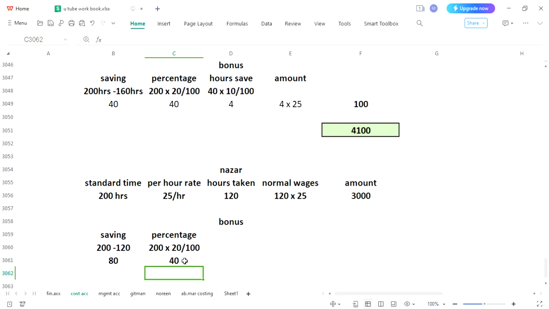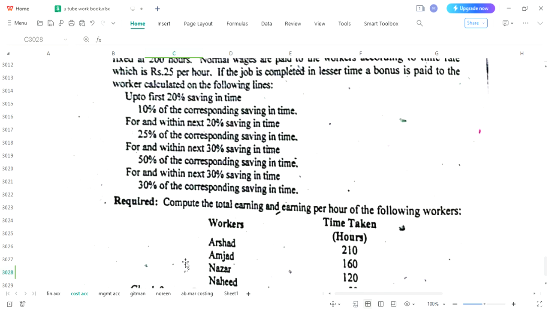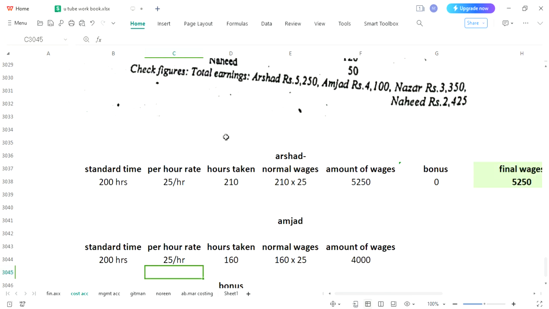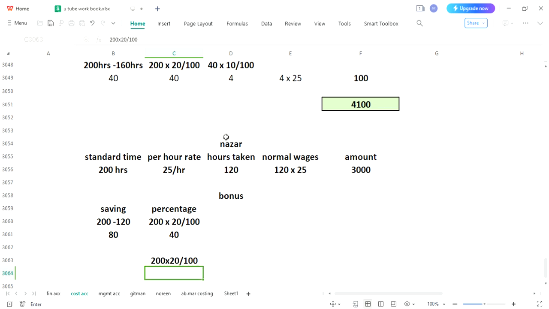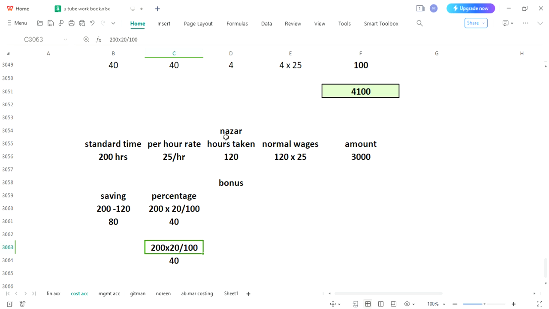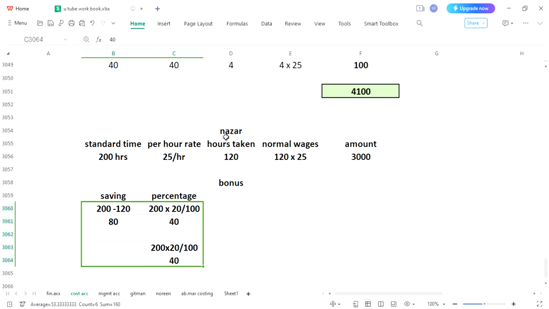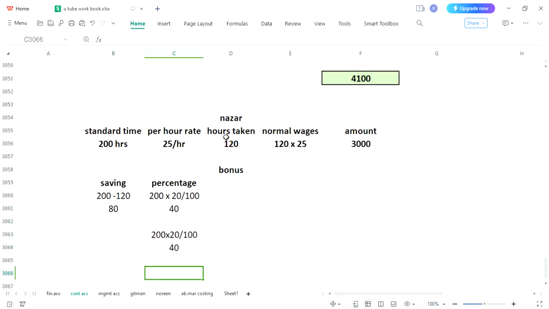And the next step is saying within the next 20, again 20% we will calculate. 200 multiplied by 20 divided by 100, same answer would become 40. So in this way, first saving 40, second saving again 40, and total saving 80 would be completed.